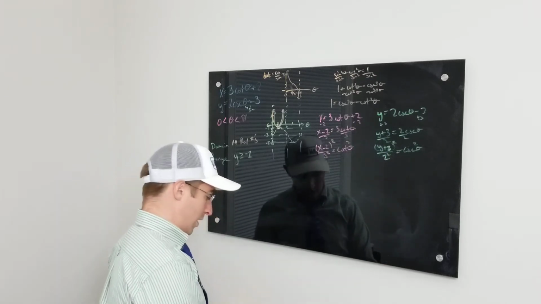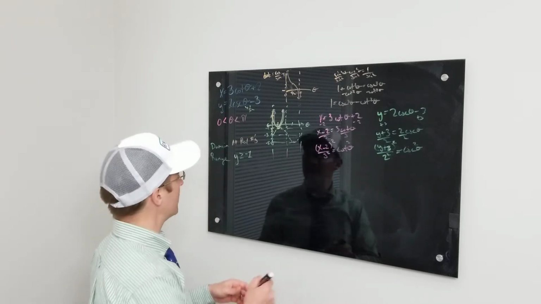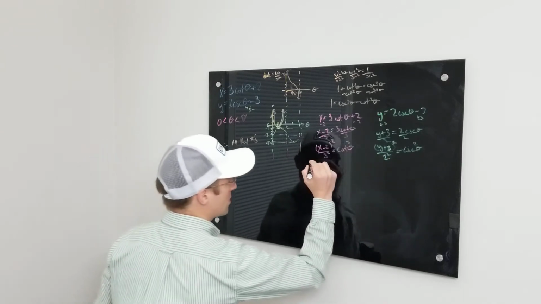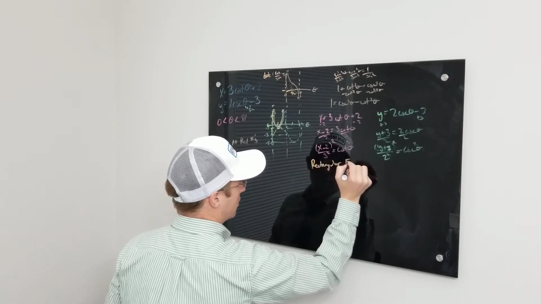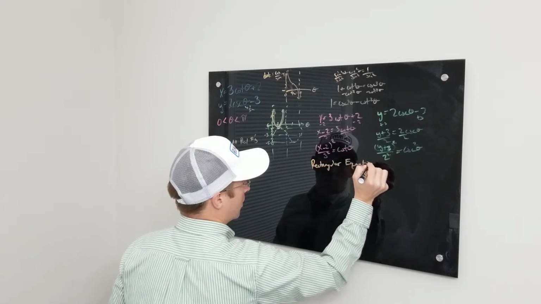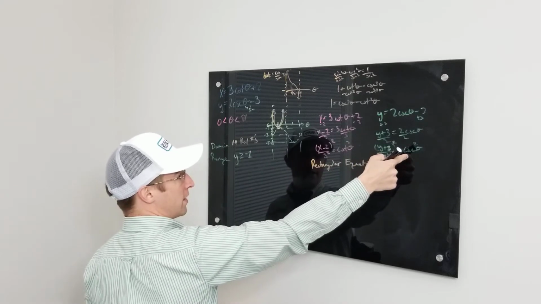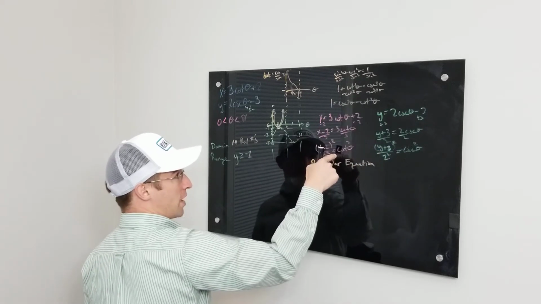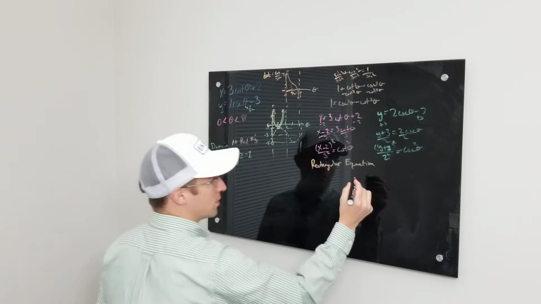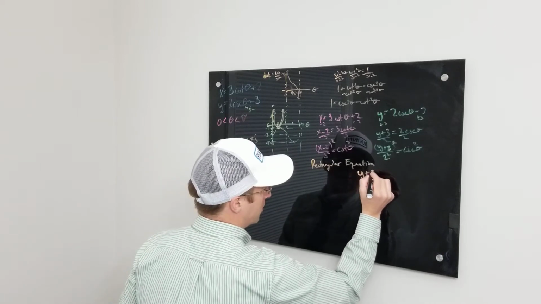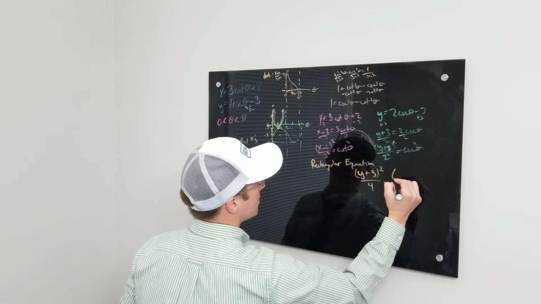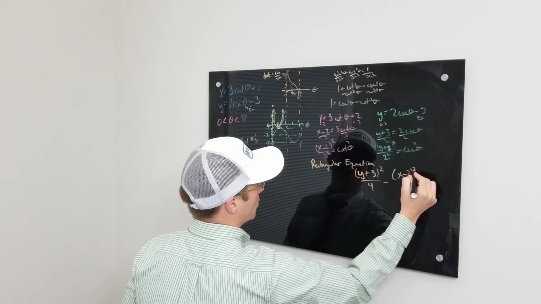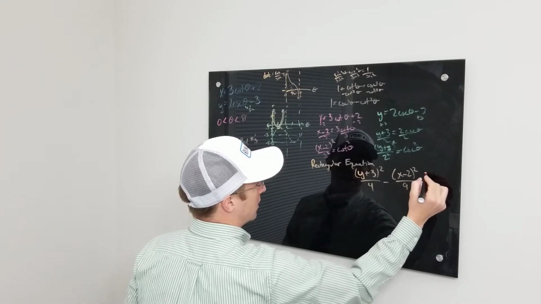So our rectangular equation is cosecant squared theta minus cotangent squared theta equals 1. So it's y plus 3 squared over 4 minus x minus 2 squared over 9 equals 1.